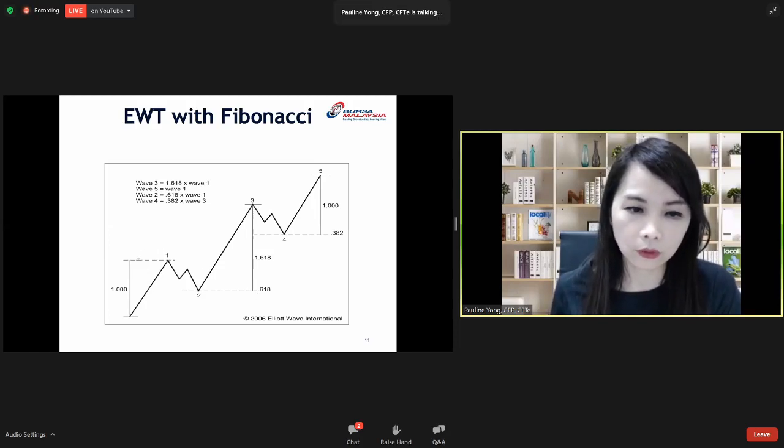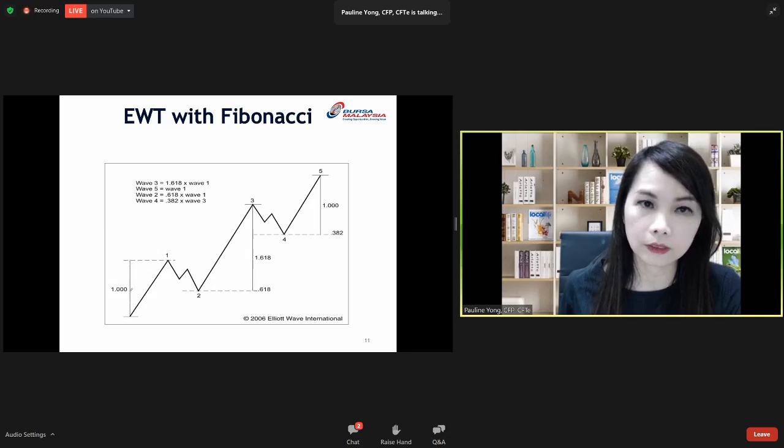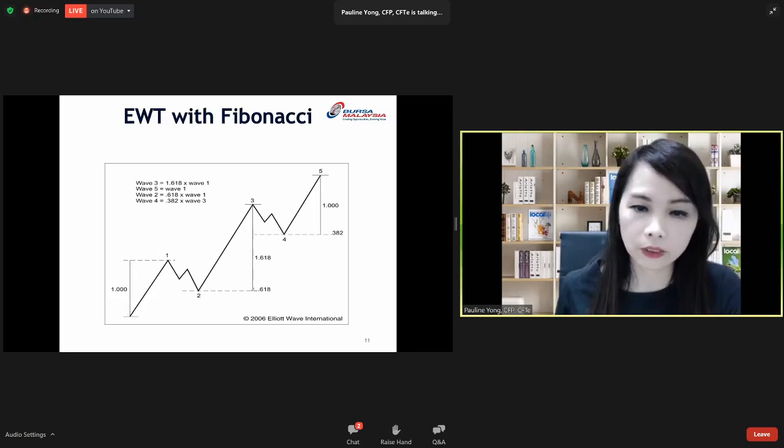And then you compare it to another height: wave 1 will be the swing high and the swing low of this perpendicular height, and then you measure what that is. For example, this one is 1 ringgit, let's say. The height here is 1 ringgit. And then the possible height from the end of this wave 2 to this top part here, the swing low and the swing high, is at least 1.618.